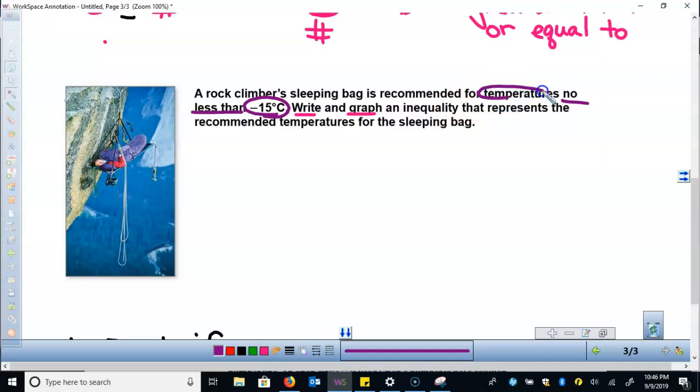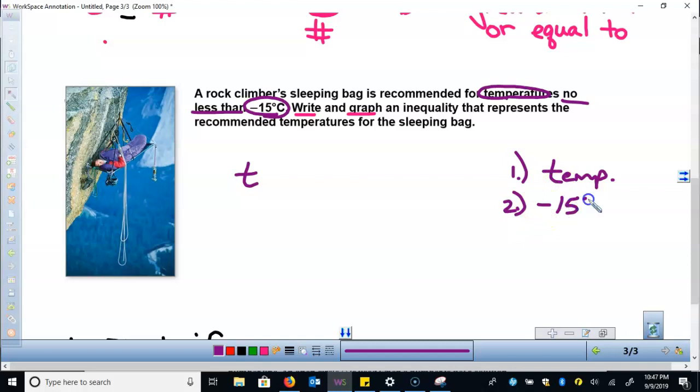So we're dealing with temperatures. Temperature is going to be our variable. So remember, number 1 is to identify the variable. In this case, it's the temperature. Okay, so we can use T for temperature. Now we have to identify any extra or essential values.